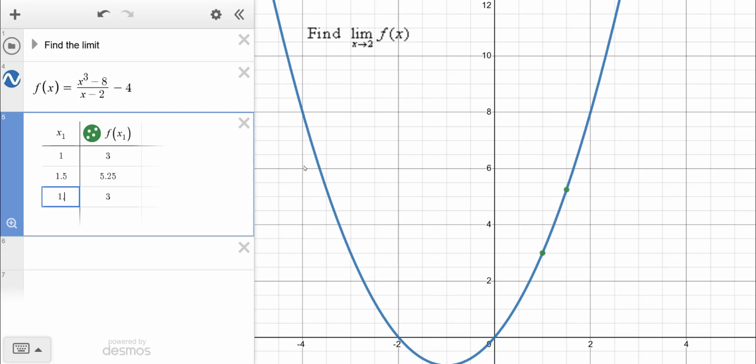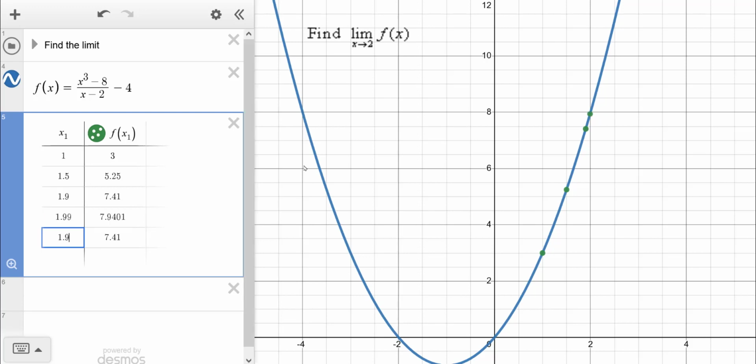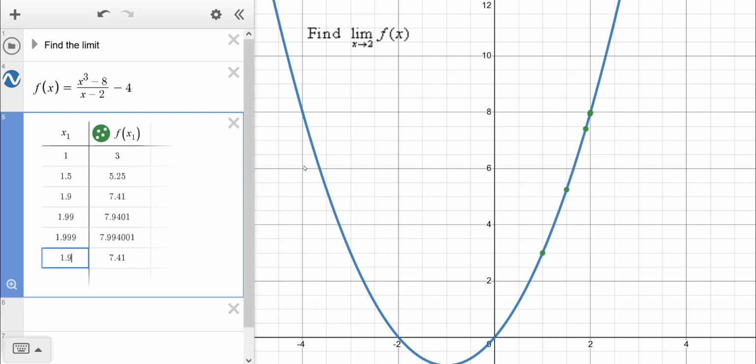So maybe I'm going to go 1.9, 1.99, 1.999, 1.9999. And now we have information when we look at the y values. As x's get closer to 2, the y numbers get very, very close to 8.